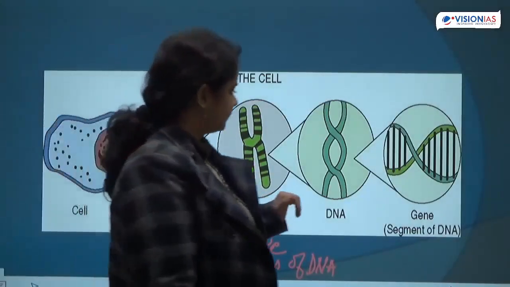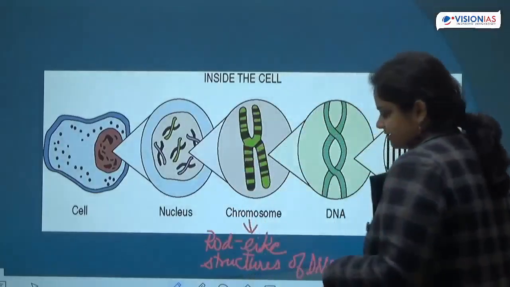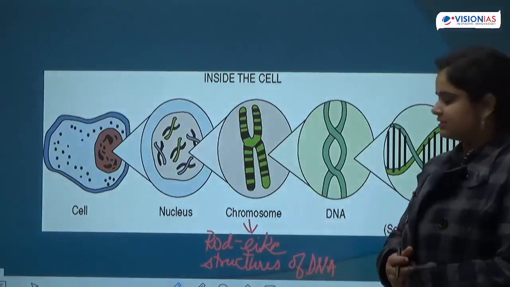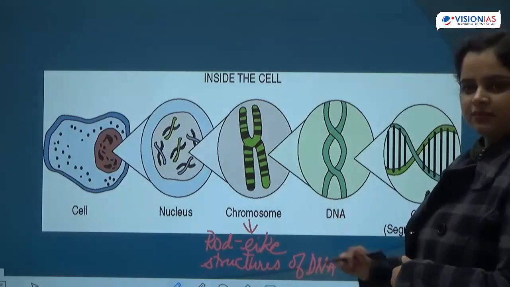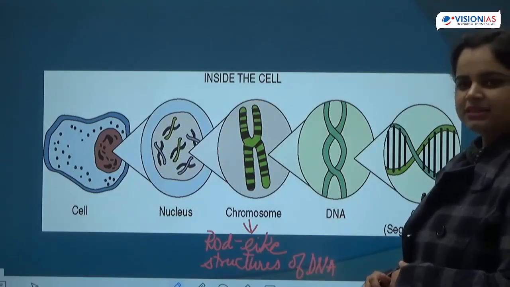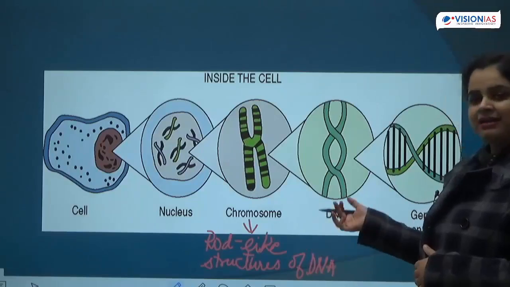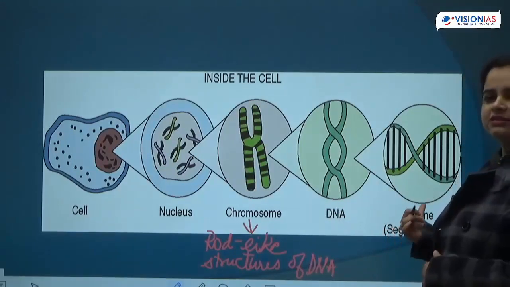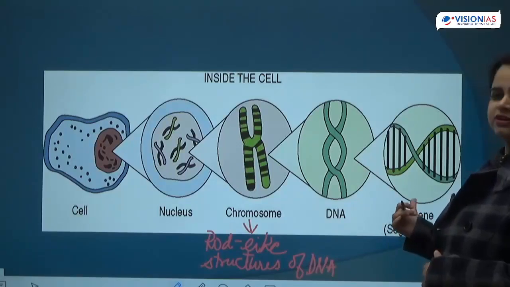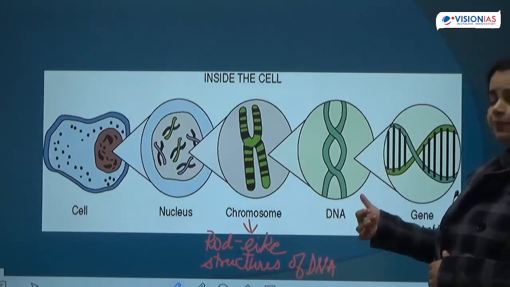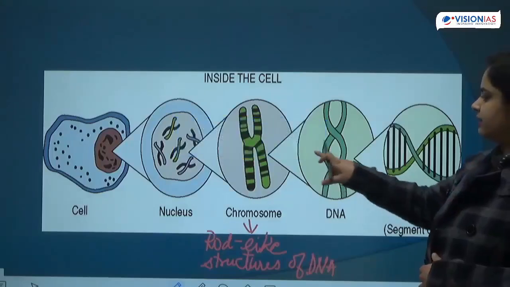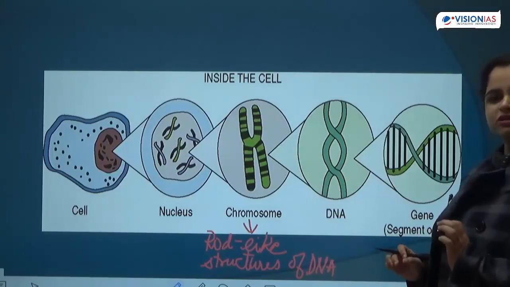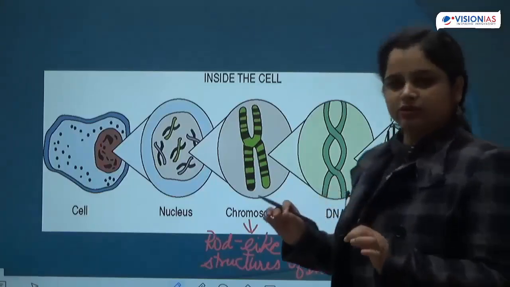Okay, till here. Now these chromosomes, we are saying they are rod-like structures of DNA. So what makes up your chromosomes? It is the DNA. And within this DNA, the smaller part of DNA is the gene. This is the new idea we are introducing here. DNA, and a smaller part of that DNA, that is what we are going to call the gene. Now let's elaborate on this concept.